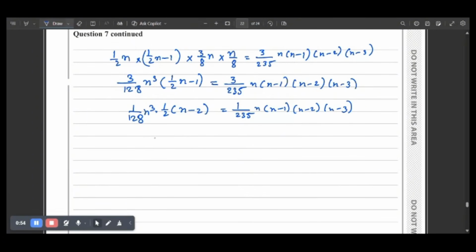We can write 2 by 235 n cube will equal to 128 from here, and 2 from this half multiplied together to get 256, and we get the factors n minus 1 and n minus 3.